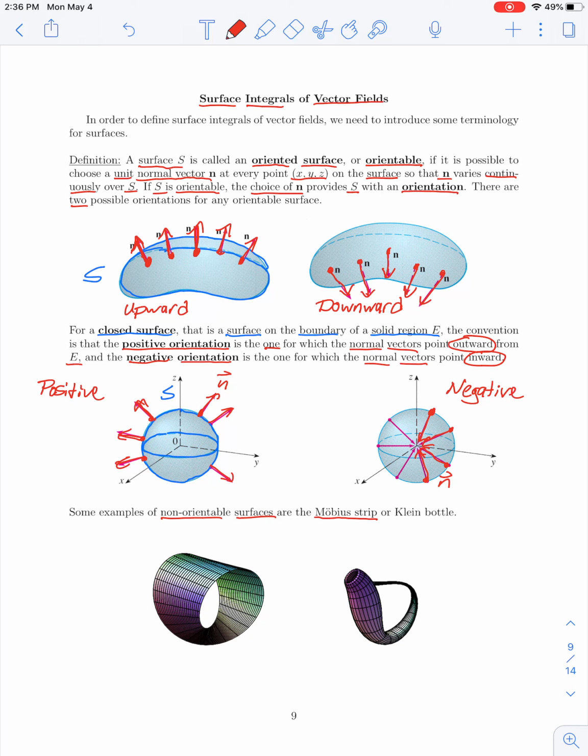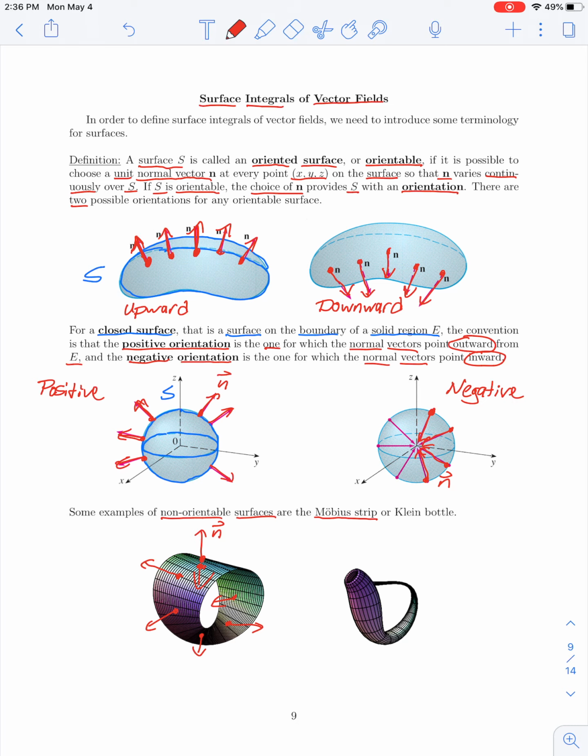And the reason that this is not orientable is that if we choose vectors, say for some point on this strip, a unit normal vector, as our points vary over this strip, and we keep choosing these normal vectors, eventually we get a normal vector at the same point, but which is pointing in the downward direction here. So we end up with a surface which is non-orientable.